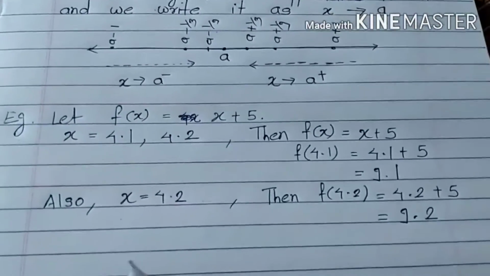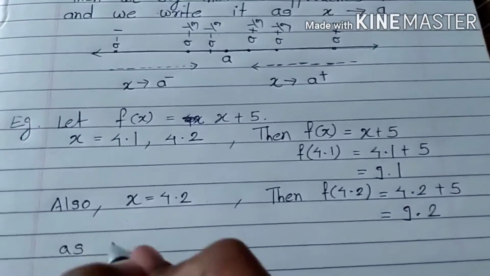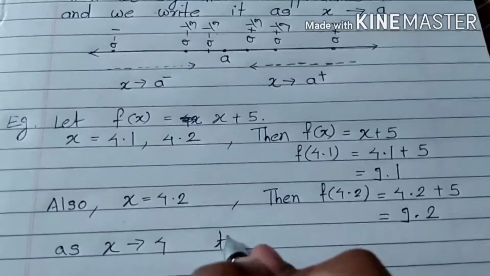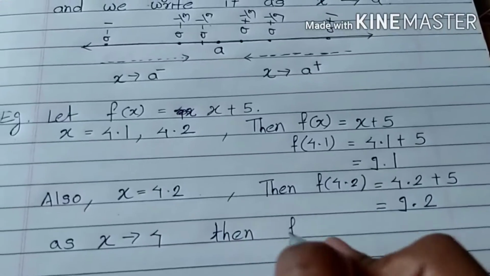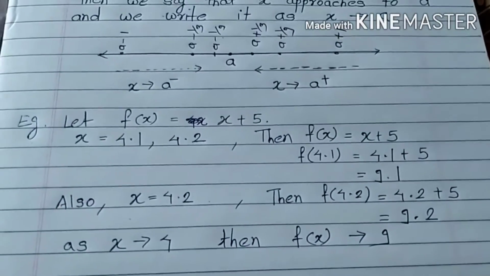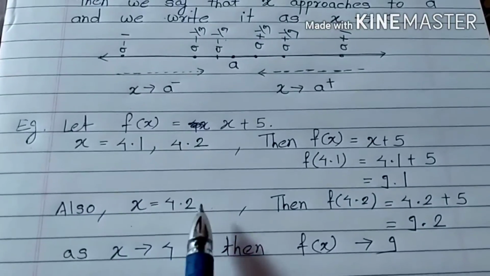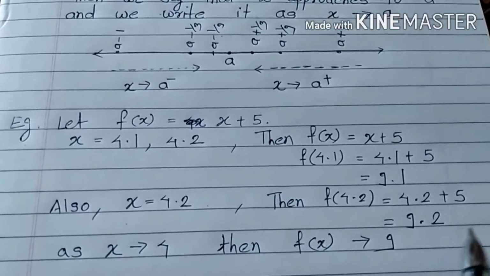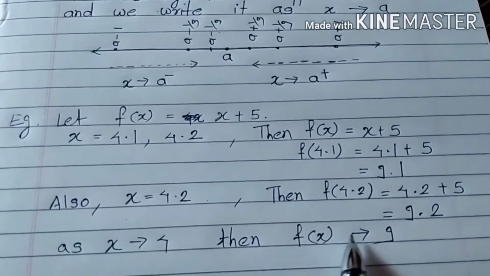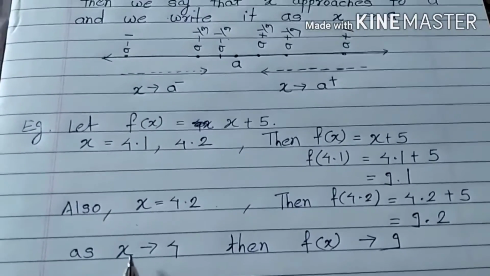So you can observe that as x tends to 4, f of x tends to 9. When the value of x changes, f of x also changes. That means x tends to 4, then f of x tends to 9.